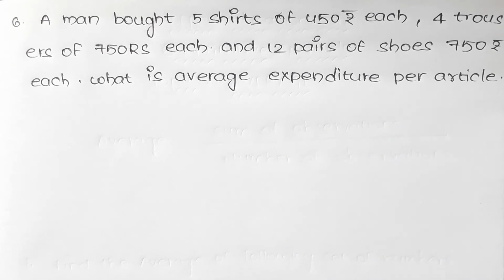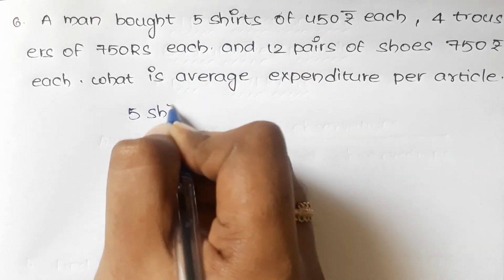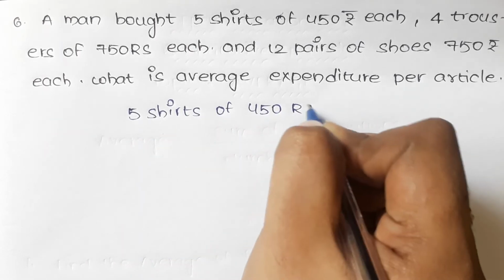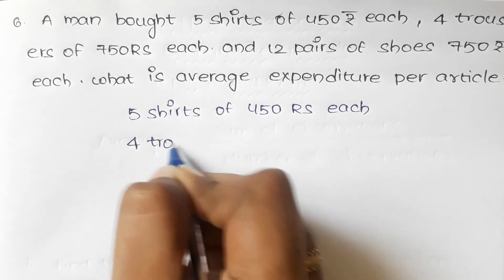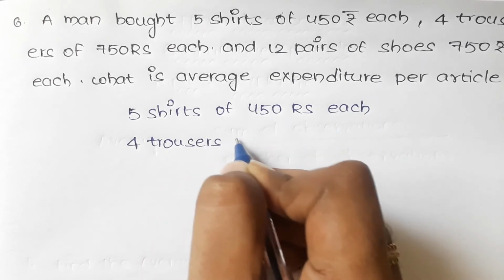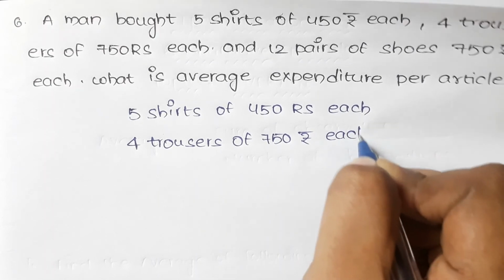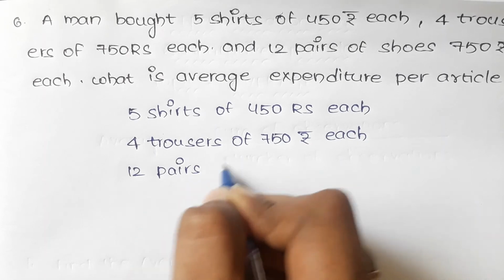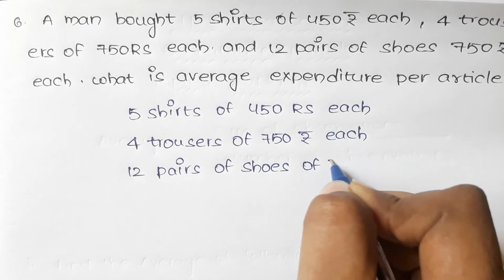Let us write the given information: 5 shirts of 450 rupees, similarly 4 trousers of 750 rupees each, and again 12 pairs of shoes of 750 rupees again.